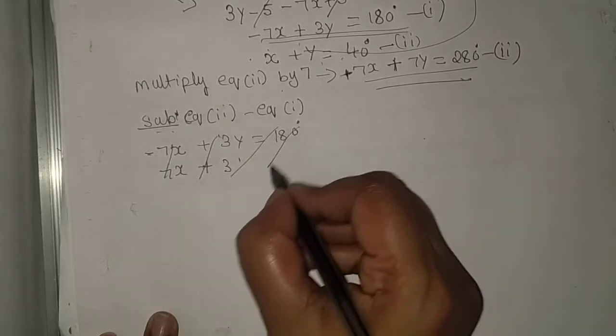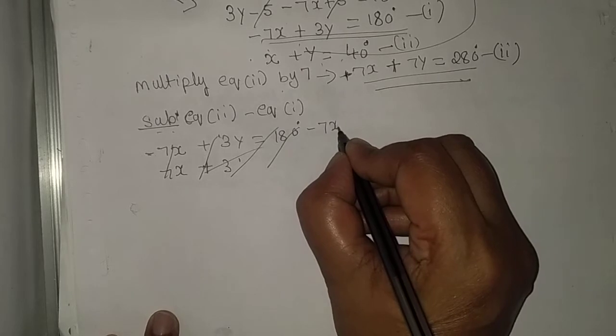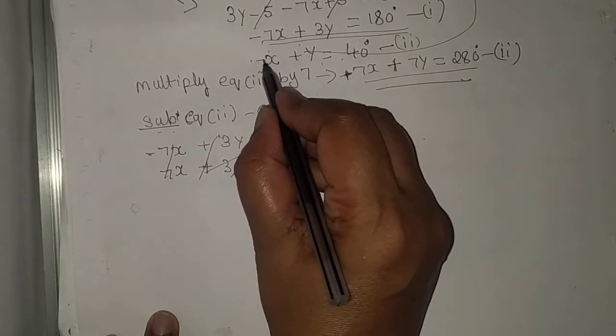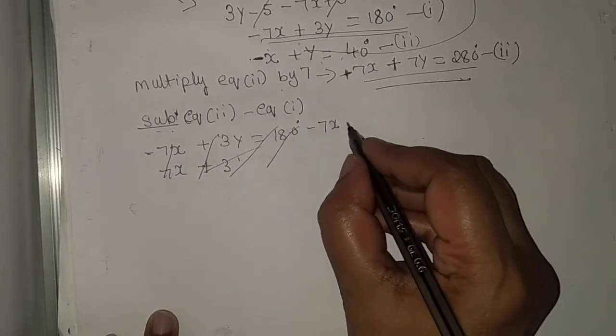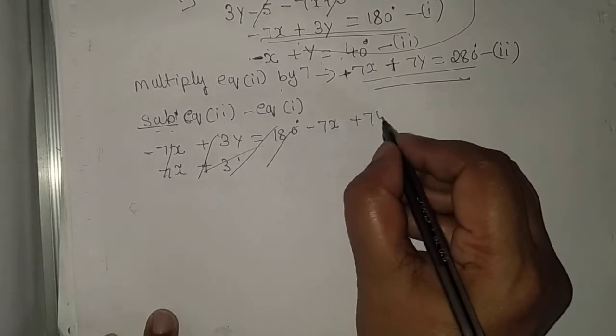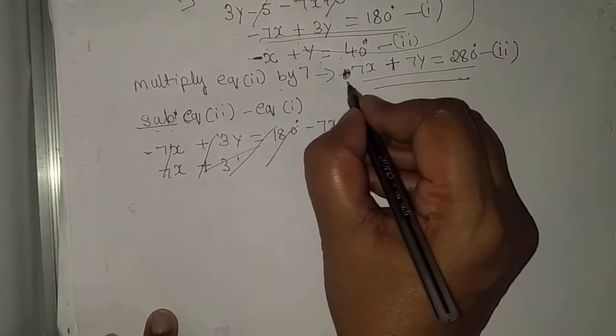I have made a mistake here, I left out the minus: both the equations are minus. So minus 7x plus 7y is equal to 280. See, minus is there.